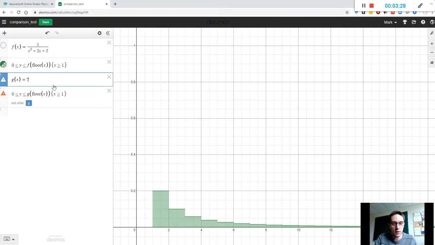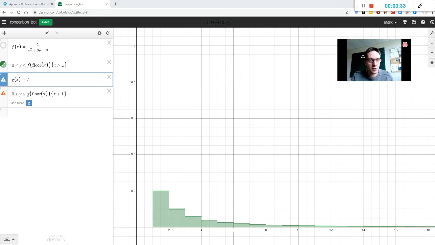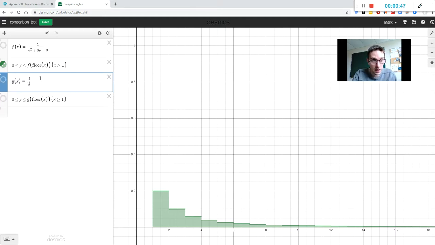Here I've graphed the area that represents the series 1 over n squared plus 2n plus 2. And you can see that the terms are positive and they are decreasing. So very much in line with the types of series we applied the integral test to. And I'm going to add to the picture 1 over n squared.